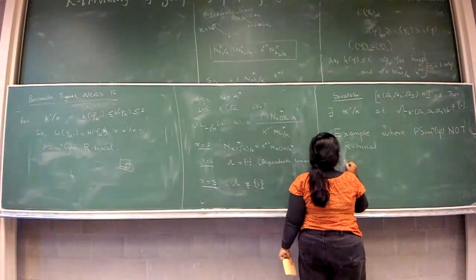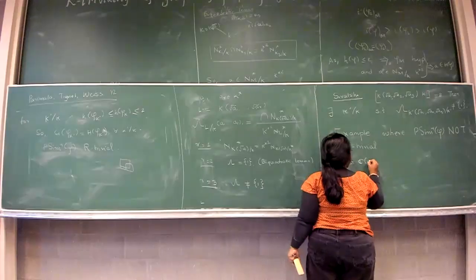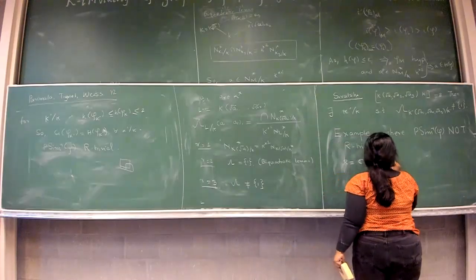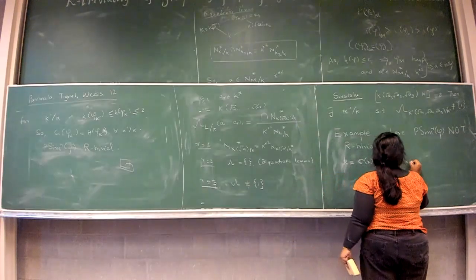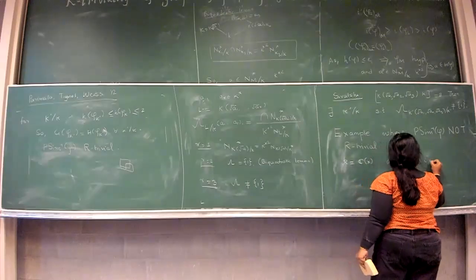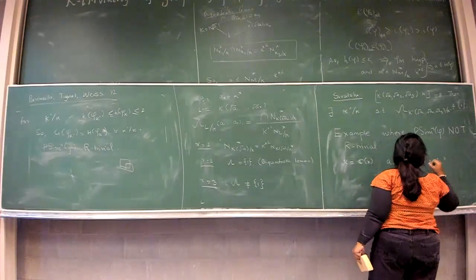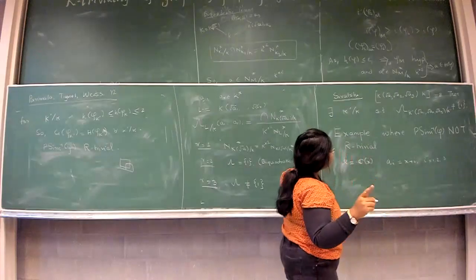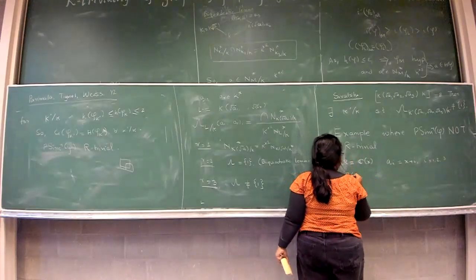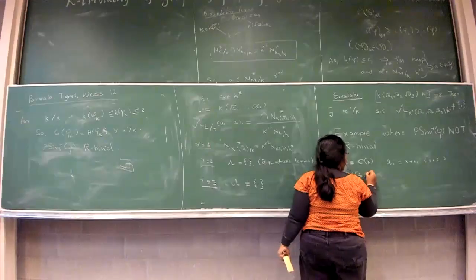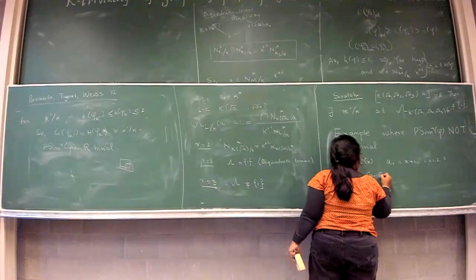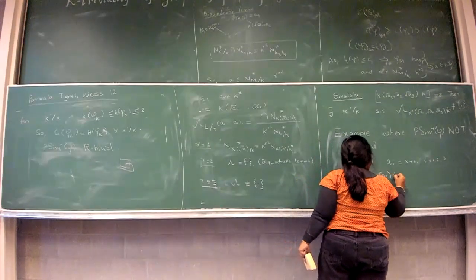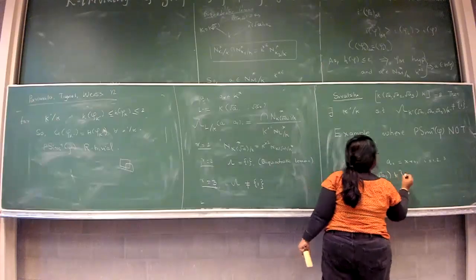We are taking K as C of X, and A_i as X plus i for i equals 1, 2, 3. It assures me that this is a triquadratic extension.